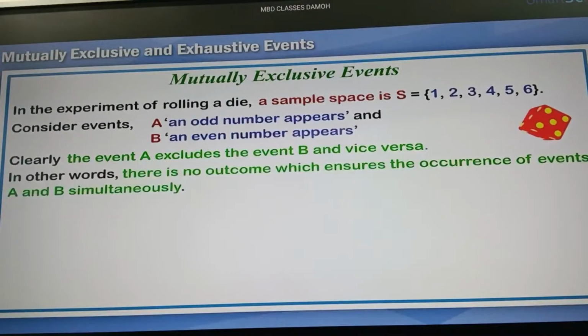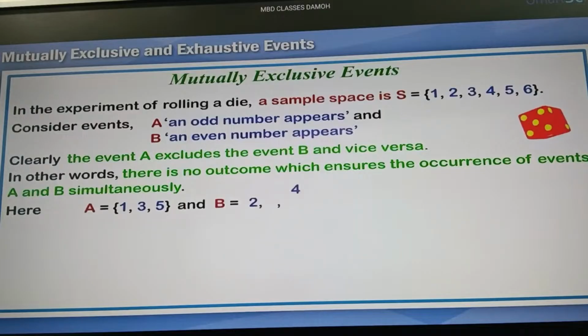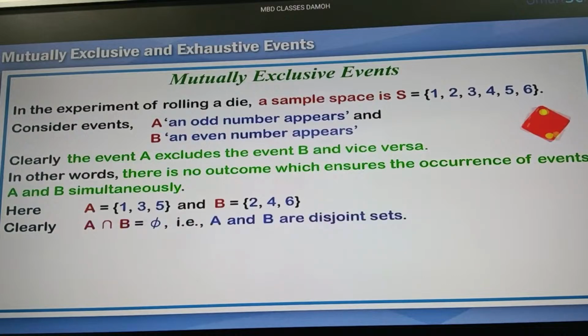In other words, there is no outcome which ensures the occurrence of events A and B simultaneously. As the outcome of event A will be 1, 3, 5, and that of the event B will be 2, 4, 6. Clearly, A intersection B is equal to the empty set, that is, A and B are disjoint sets.